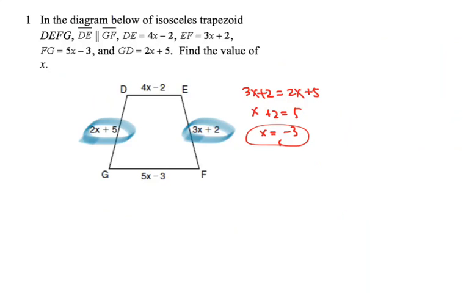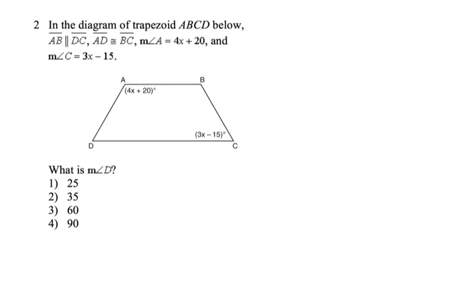Okay. Next question. Here we need to figure out the measure of these two angles. Since AD and BC are congruent, we can say that this must be an isosceles trapezoid. That means this angle is the same as this angle, but between these two angles they are supplementary.